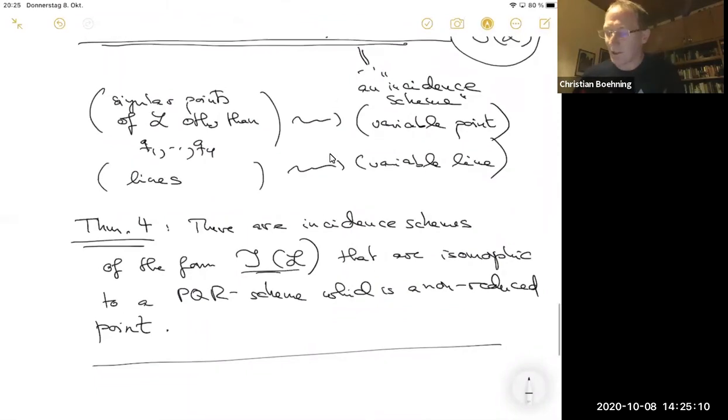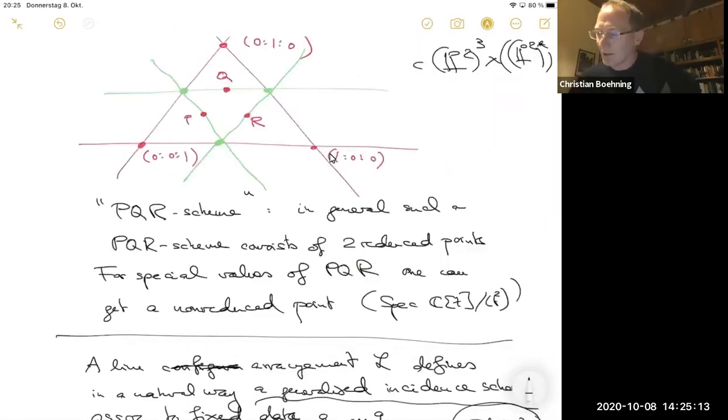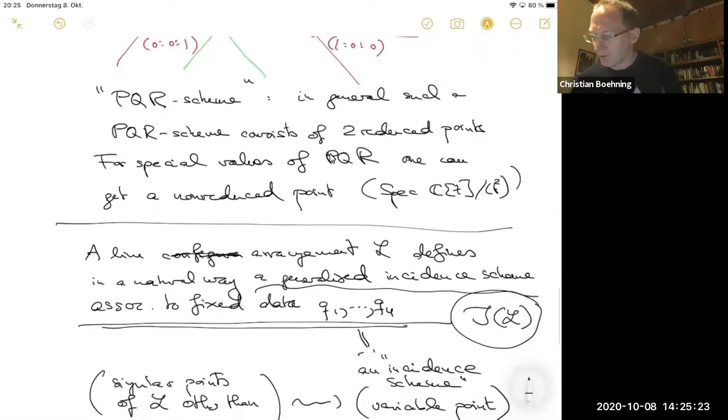PQR scheme, for certain values of P, Q and R, yes. And then you need to construct PQR successively, starting from the points Q1, Q2, Q3, Q4, by a succession of steps of the following form.